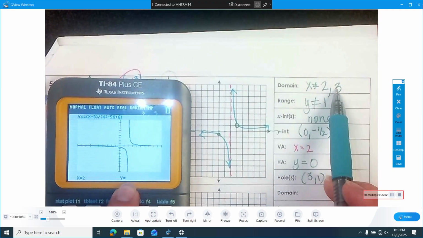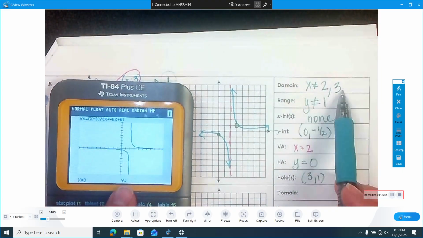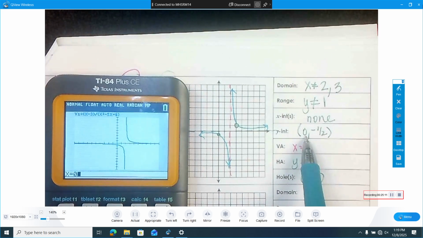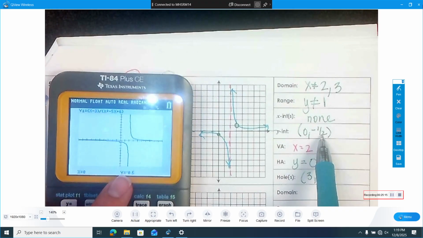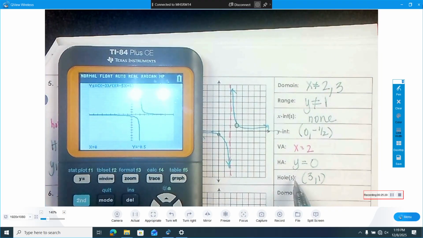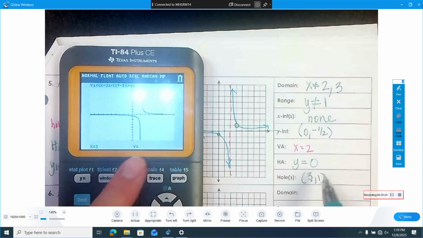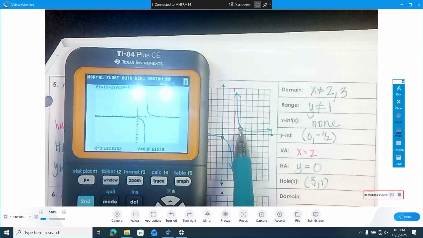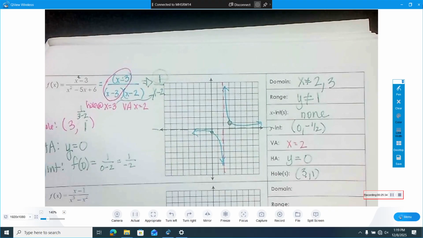That's why it's a domain restriction. I type in a 3, and again there's nothing for the y. If I have a 0 for x, I get a negative 1/2. There's the hole at 3, and if I go just to the right, there's Tinkerbell just to the right of that hole. So you can check lots.